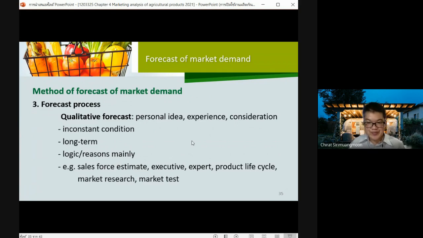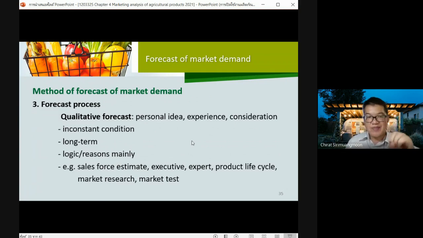For example, where are the sources that you can have? You can have sales force estimation. You can have the prediction of sales from sales representatives, the salespeople in different regions.